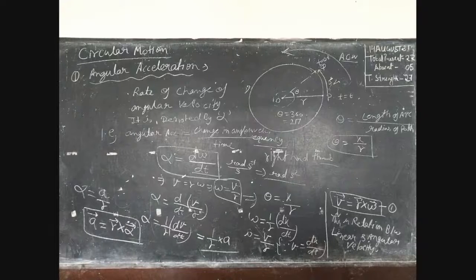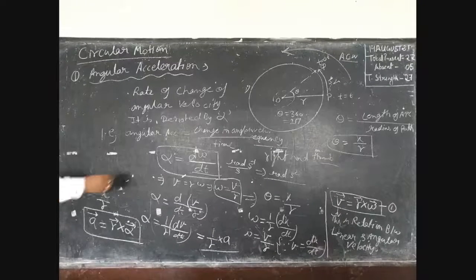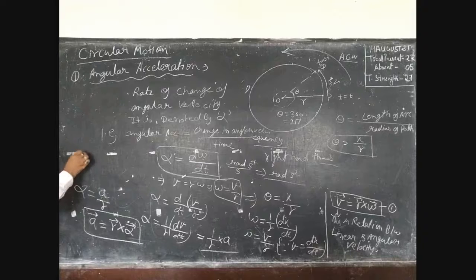Now, just tell me, any one of you, the dimensional formula for the angular acceleration. So the dimensional formula is L0 T minus 2.